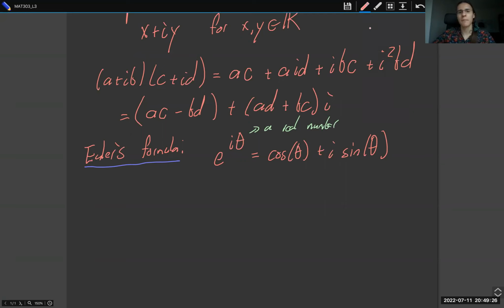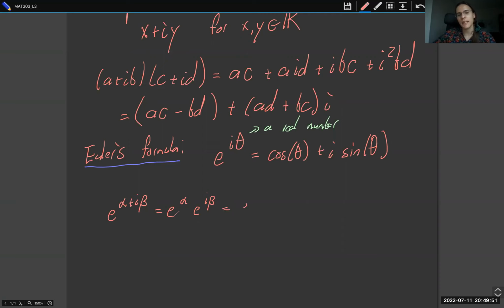So then, for example, exponentials are going to behave with the usual properties that they have for real numbers. So for example, if I take e to the alpha plus i beta, then that's going to equal e to the alpha times e to the i beta, right? Assuming that exponentials take sums to products, as they usually do.